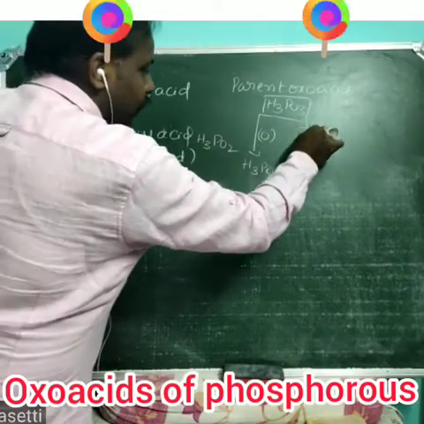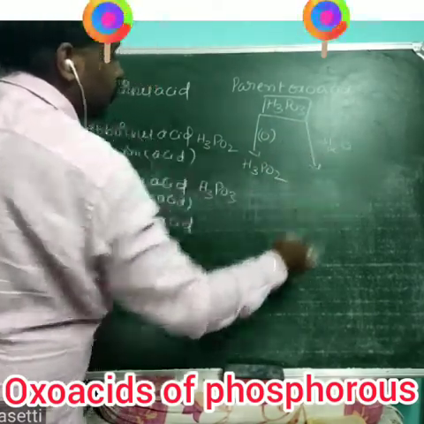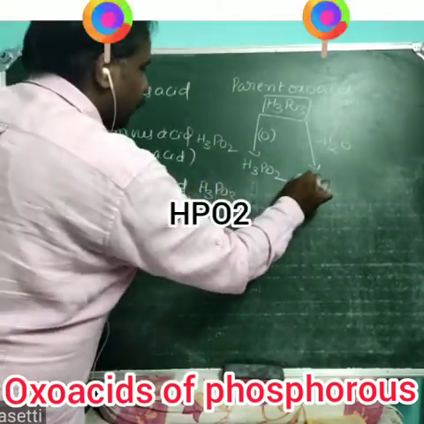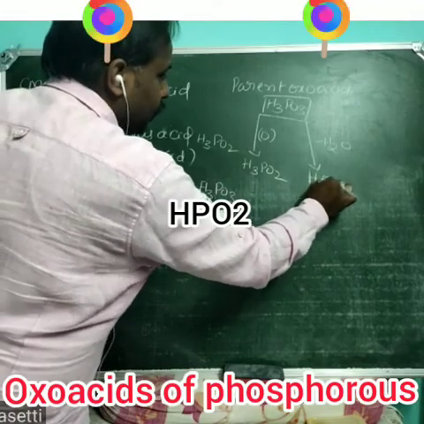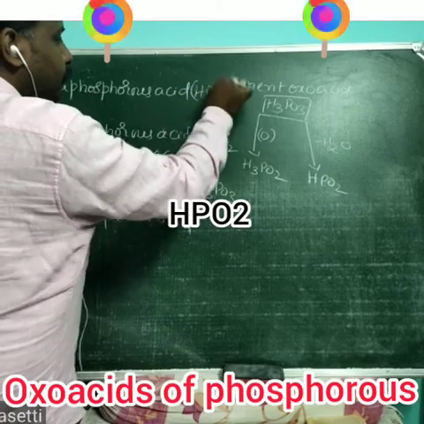From this phosphorus acid, if you remove one water molecule, then you will get metaphosphorus acid. Metaphosphorus acid formula is HPO2.